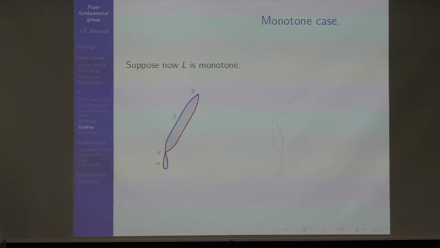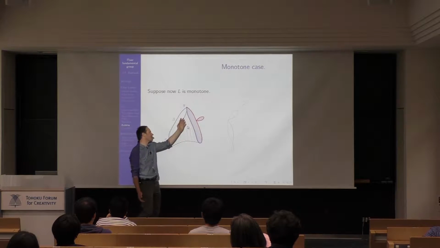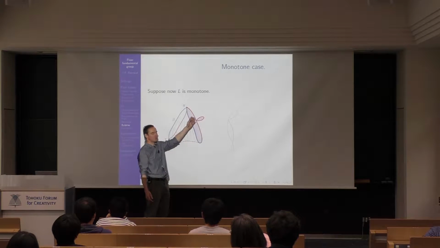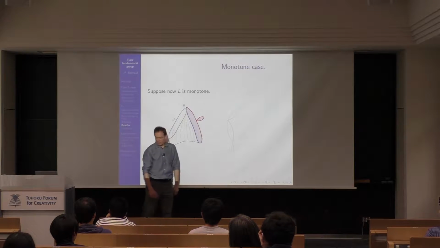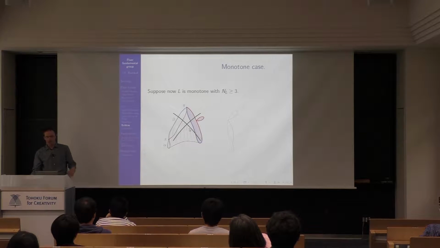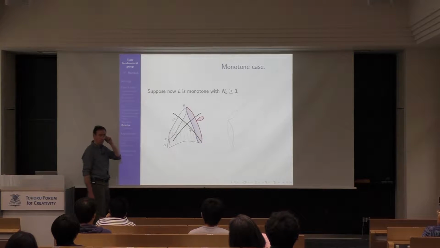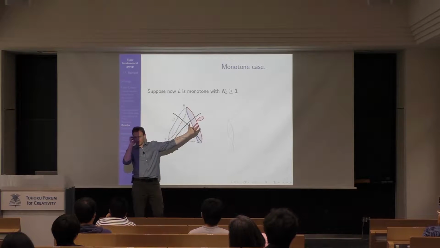And of course, on the other side, what can happen is a bubble. At the moment, I don't know how to handle these, so I don't want that. I don't want a side bubble. So I will suppose that the minimal Maslov number is at least 3. Then in this case, side bubbling is forbidden just for dimensional reasons.